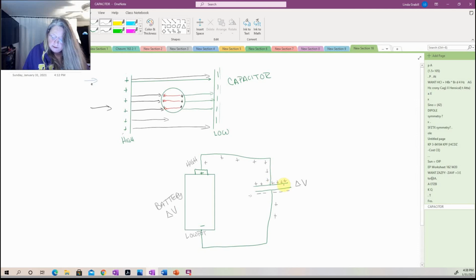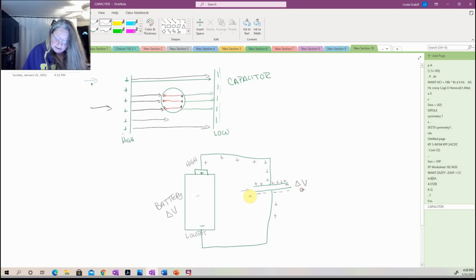Well, I can only get as much potential here as I had from here. And in terms of electrostatics, that's where the whole water thing kind of falls apart. I have a certain amount of difference that can work with a charge Q, and this plate then will collect that difference.